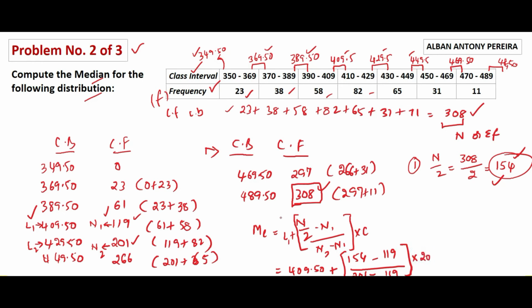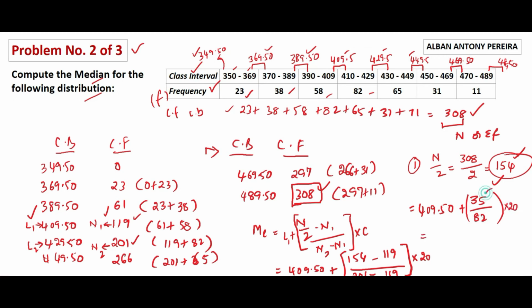You have to count from 350 till 369. Start from 350, 351, 352 and till 369, you get the count as 20. So class length is 20. Now simplify it. 409.50 plus 35 divided by 82 into 20.